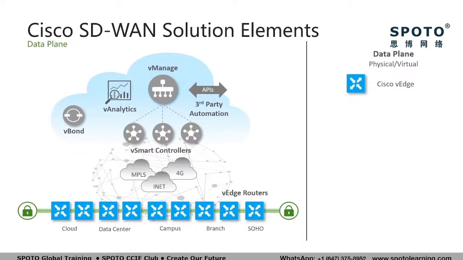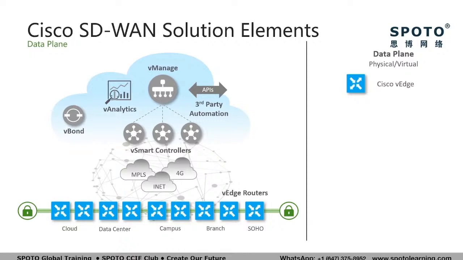vEdge routers also leverage standards-based OSPF and BGP routing protocols for learning reachability information from service-side interfaces and for brownfield integration with non-SD-WAN sites. vEdge routers have a very mature full-stack routing implementation, which accommodates simple, moderate, and complex routed environments.